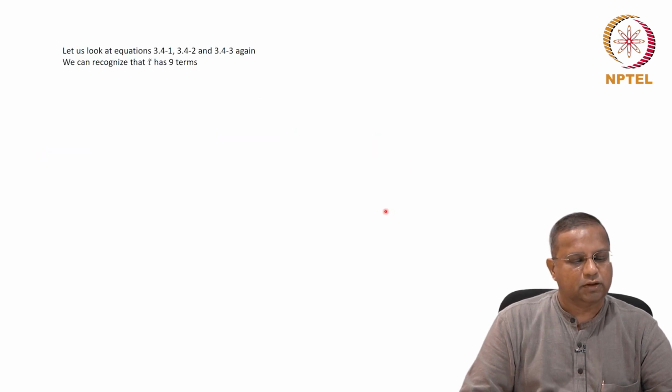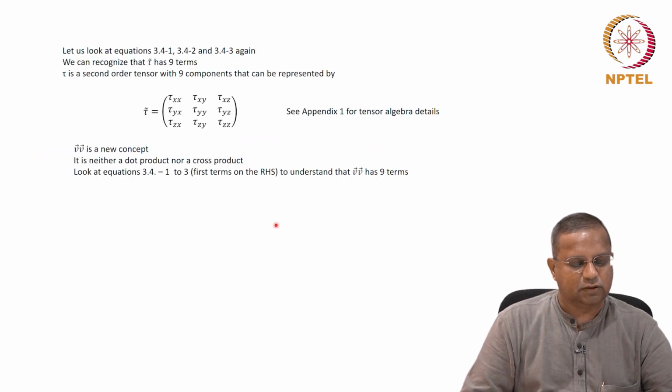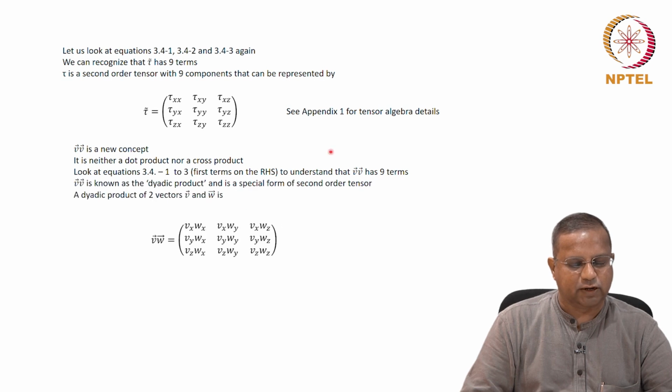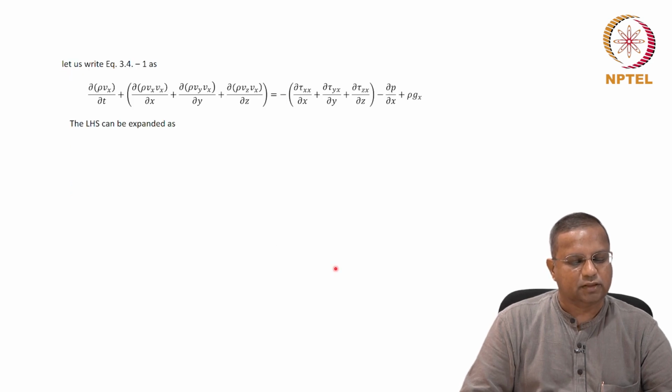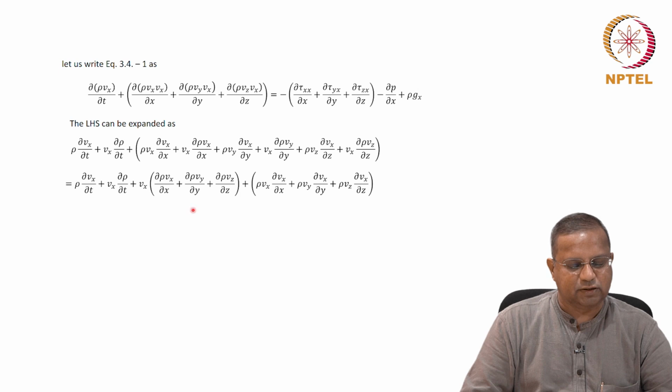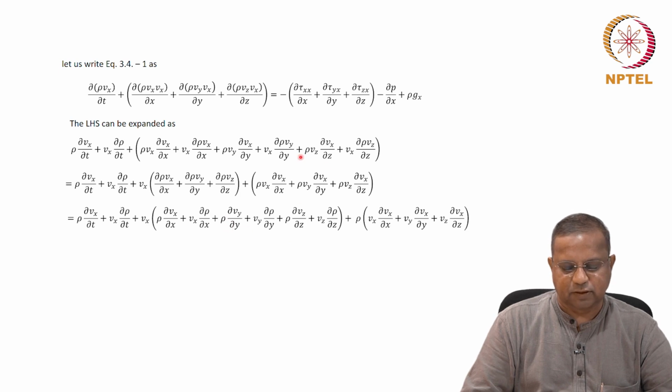Then we looked at the tensors, because we were looking at that for the first time, the dyadic product. Then this is what we did. We expanded this, because this is a function of 3 variables. We took 2 at a time, expanded till we came down to individual variables, because that helped us simplify the equation quite a bit.